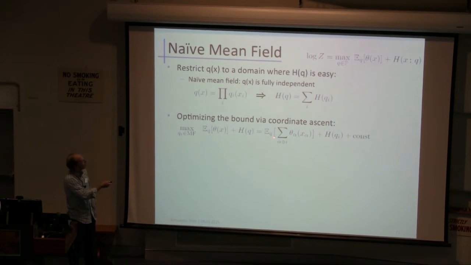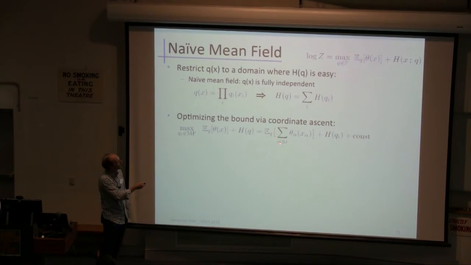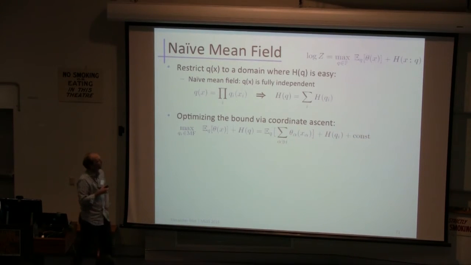The rest will be constant since we've fixed the other q's. So we're going to get only the expectation of the factors that involve i, so the factors that are neighbors of xi, plus an entropy of qi.